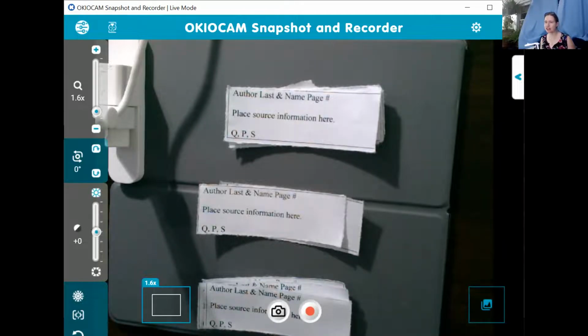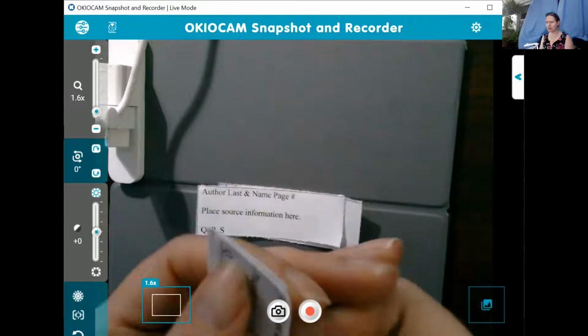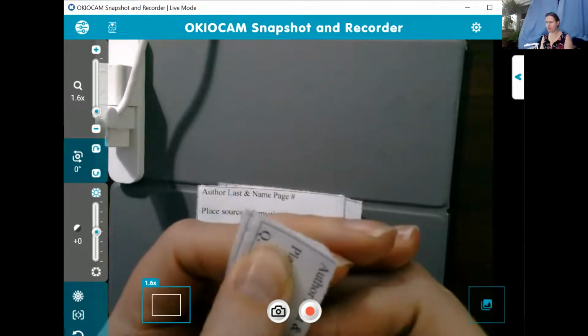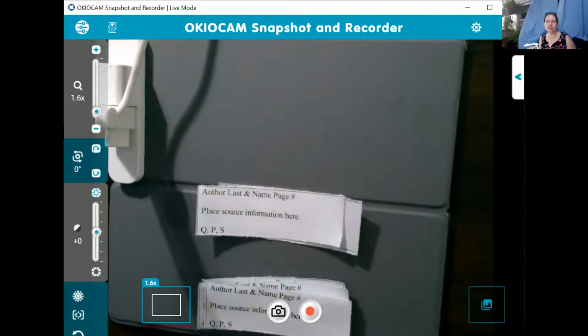Next, you're going to check the Q to P to S ratio. For that, you'll need to look in that bottom corner. You're specifically looking at the Q, the P, and the S. Did you have mostly P's and S's, or did you overuse the Q?